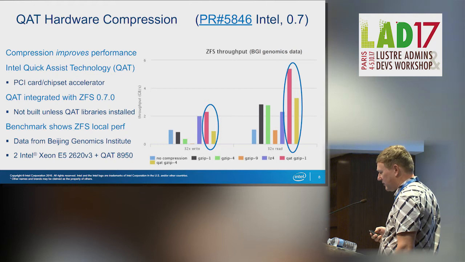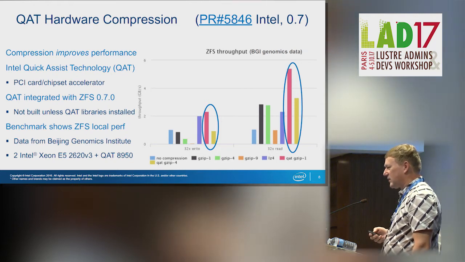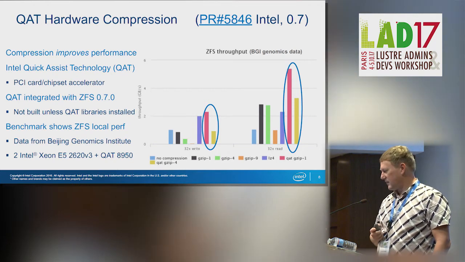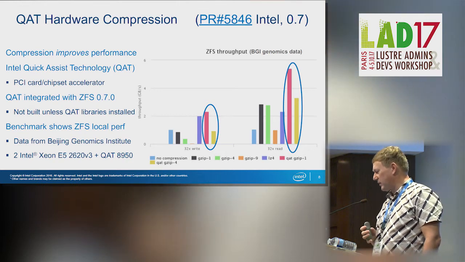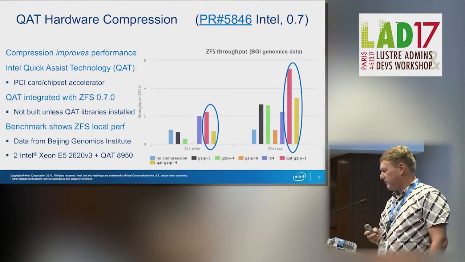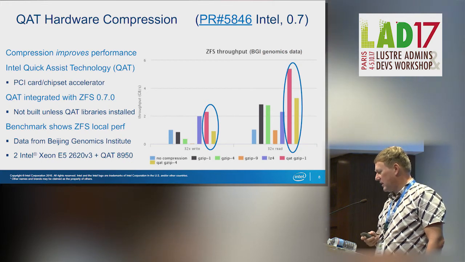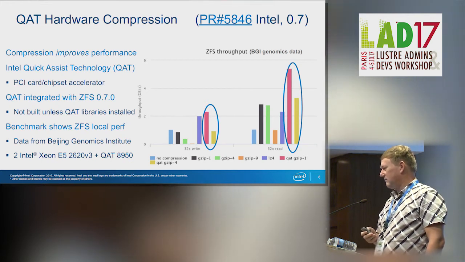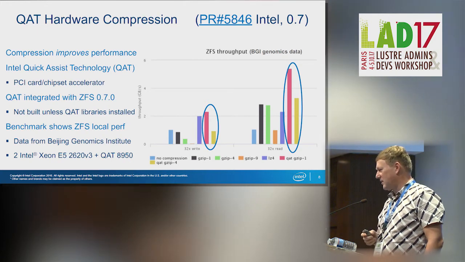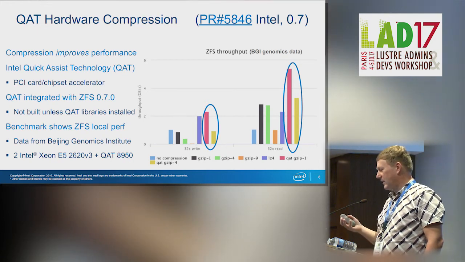Another interesting thing that we're working on with another group inside Intel is QAT hardware. It's Quick Assist Technology. It's essentially a chipset where one of the functionalities is hardware crypto, right?